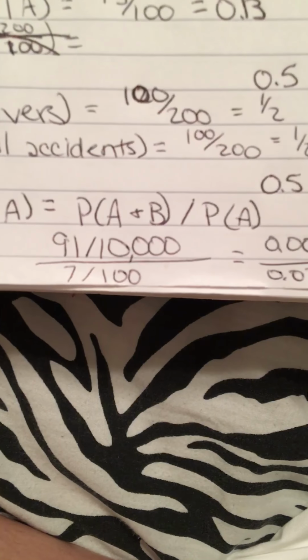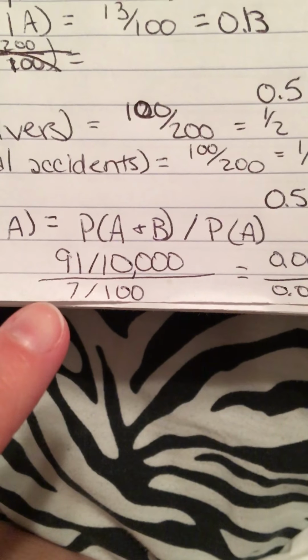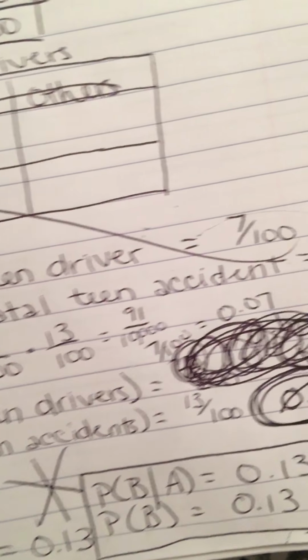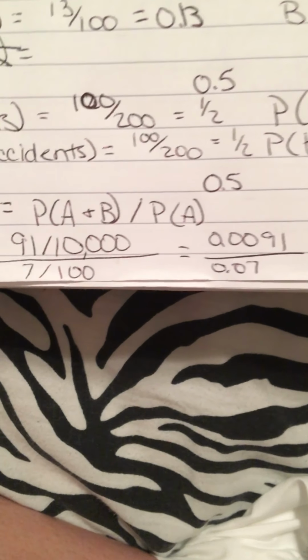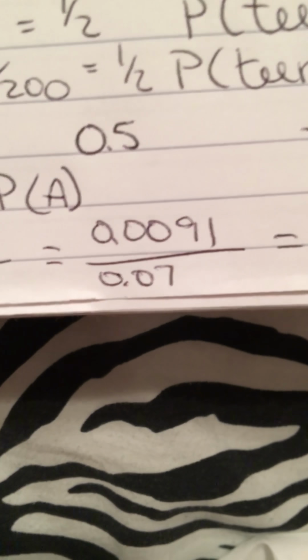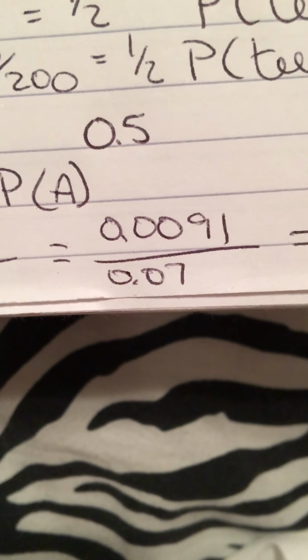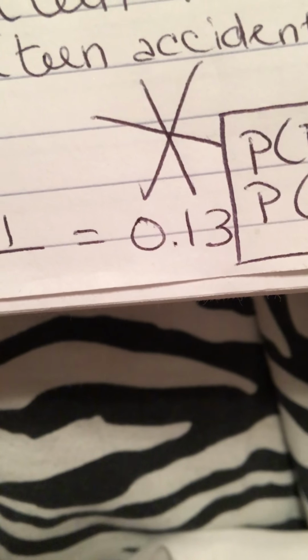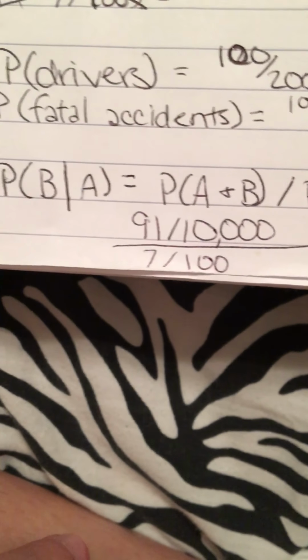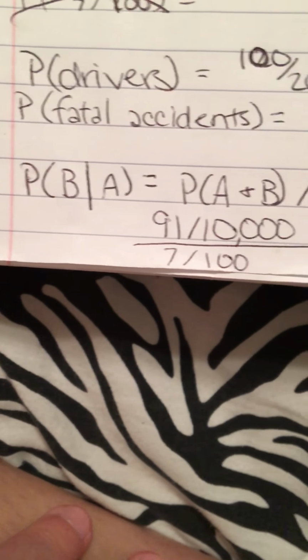And that's over A, which is the 7 out of 100, the teen drivers. So then you do that math and you get 0.0091 over 0.07, which gives you 0.13 for the probability of B given that A occurs.